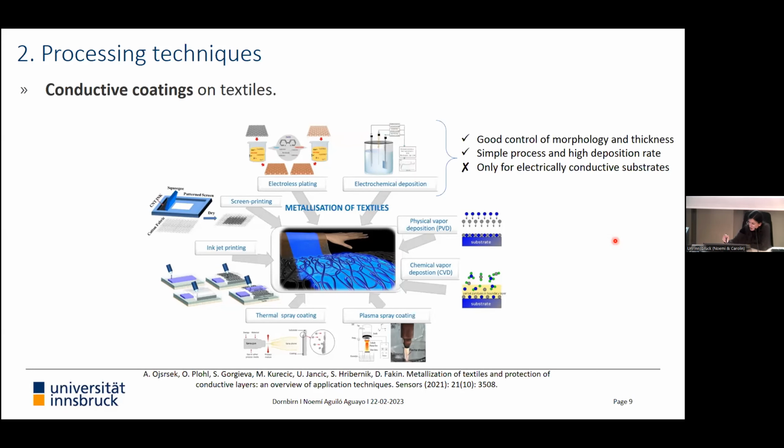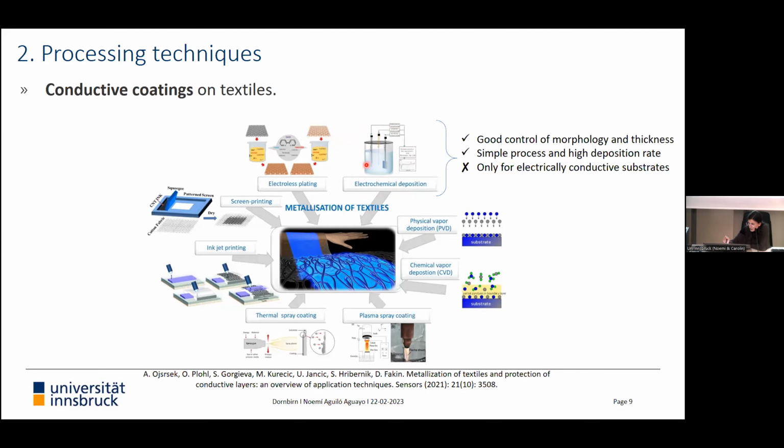I will start. So the electrochemical deposition could also be called electroplating. In this technique, we have 3 electrodes placed inside a solution. One of these electrodes will be the substrate that we want to coat.